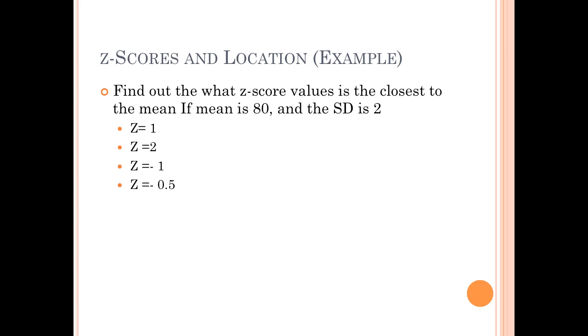Which one of them would be the closest? So negative 0.5 will always be closer to the mean, regardless of what the standard deviation is, than -1 or 2 or +1.